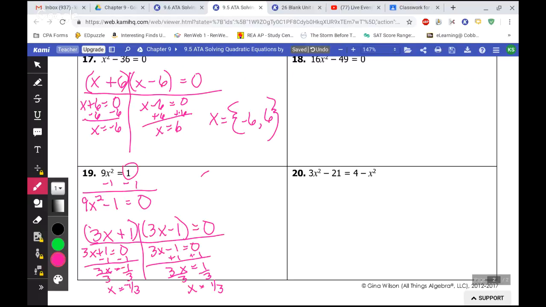So I have a solution set of negative 1/3, and 1/3.